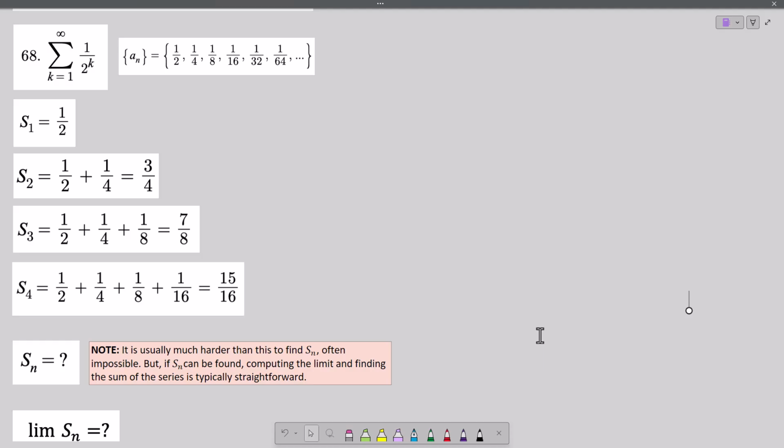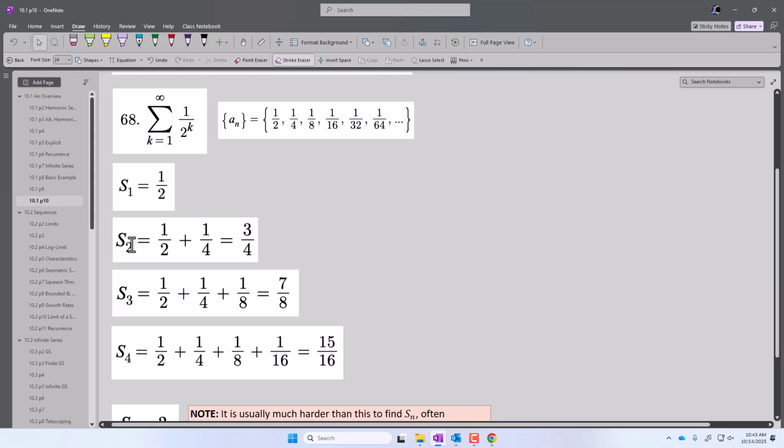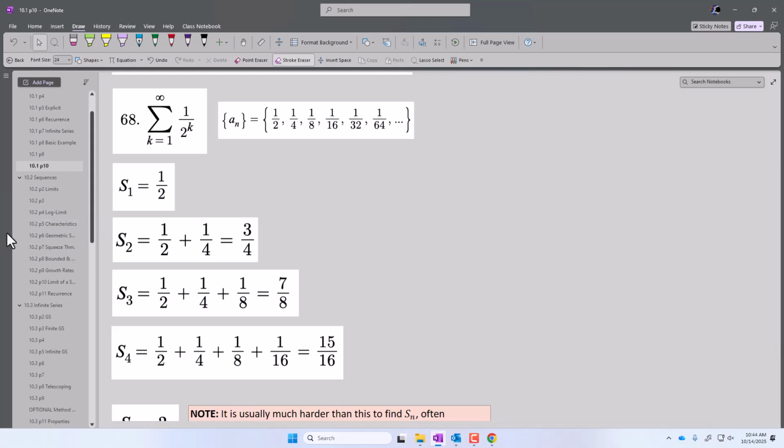If you have a formula for S sub n, then you just take the limit as n goes to infinity, and it's simple.